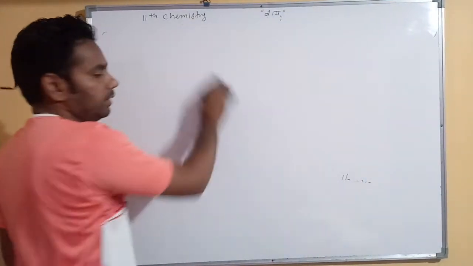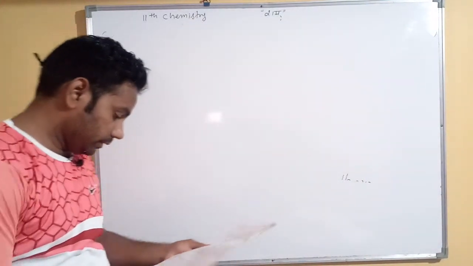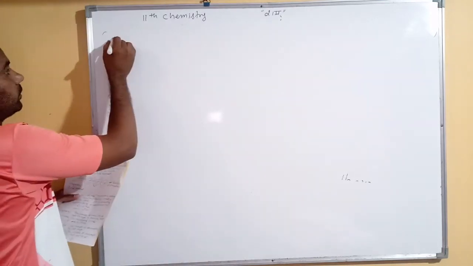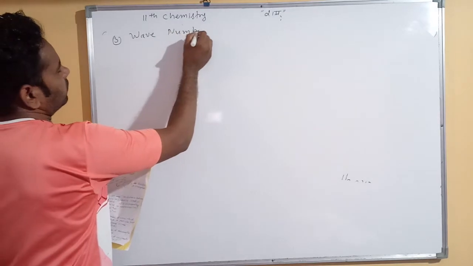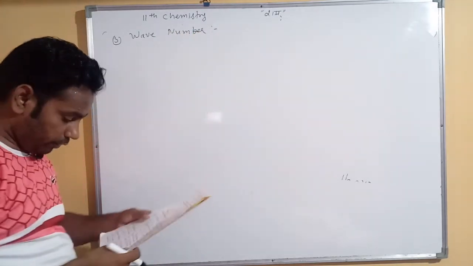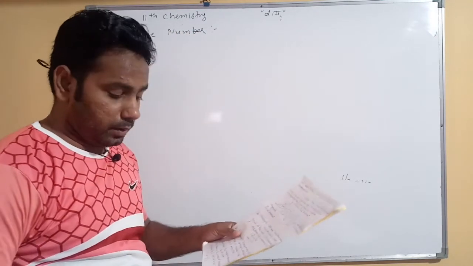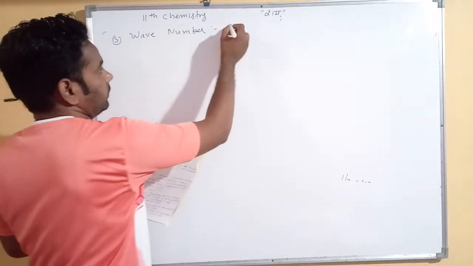Okay, next definition is wave number. Wave number is the number of wavelengths per unit length.